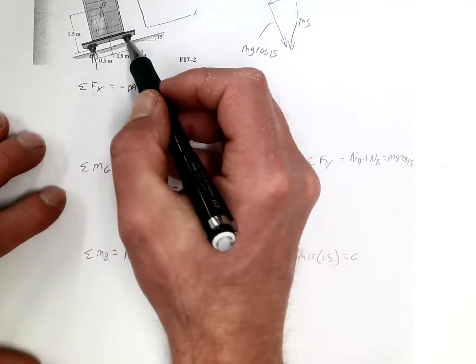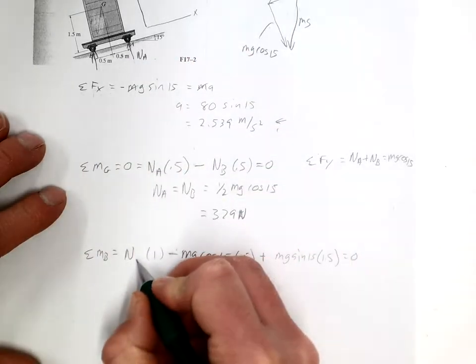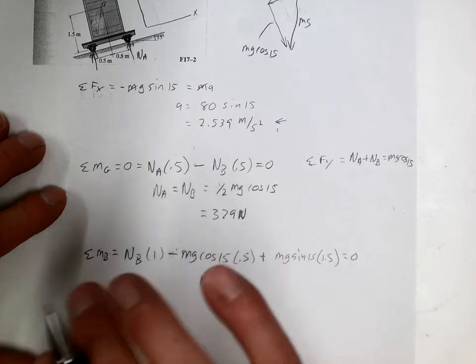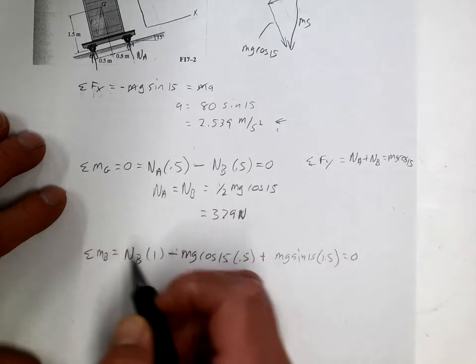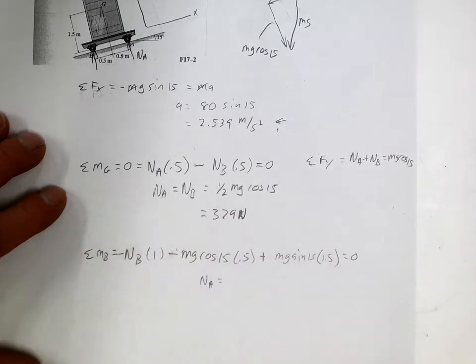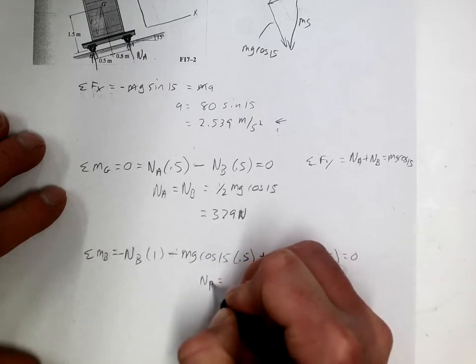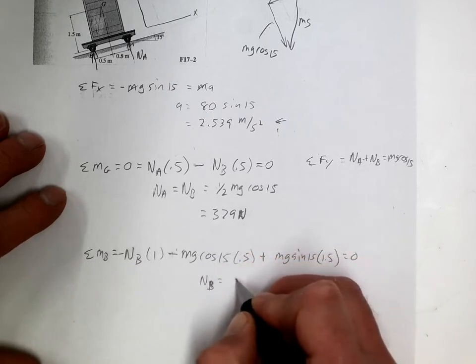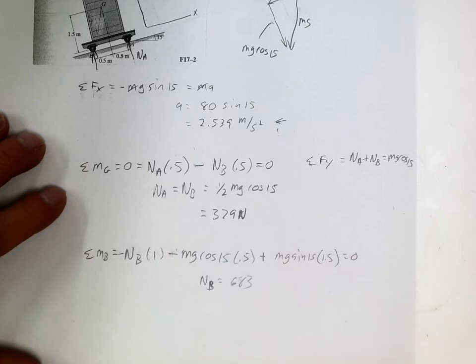If we sum about A, we'll get NB. And that's negative. Now we have NB is equal to 683.